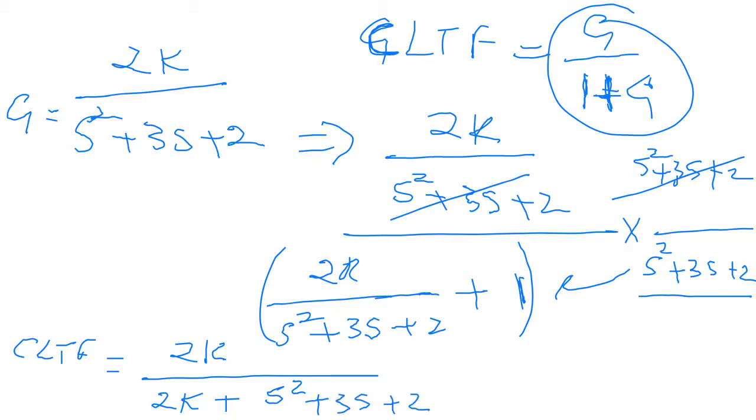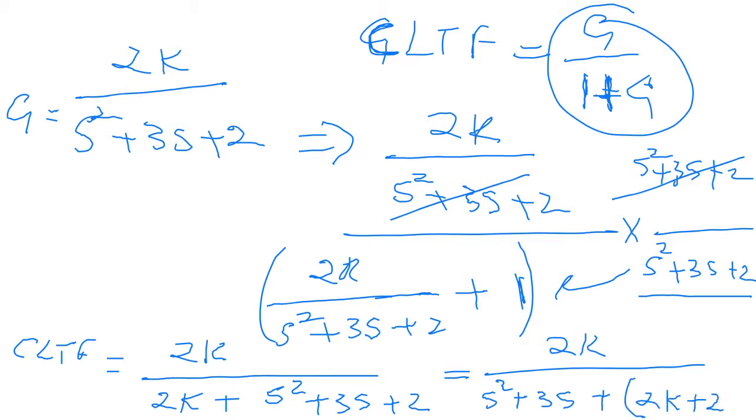We can write this in the common way we write transfer functions: s squared plus 3s plus, in brackets, 2k plus 2.